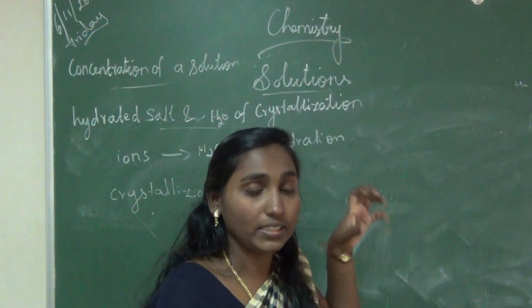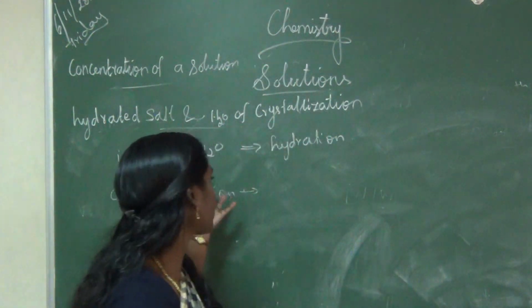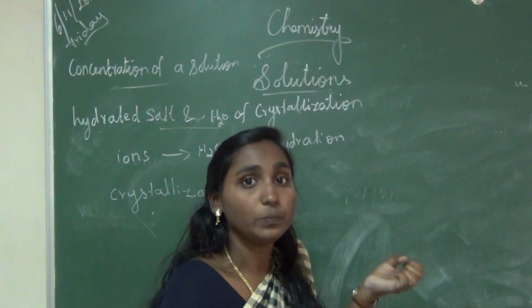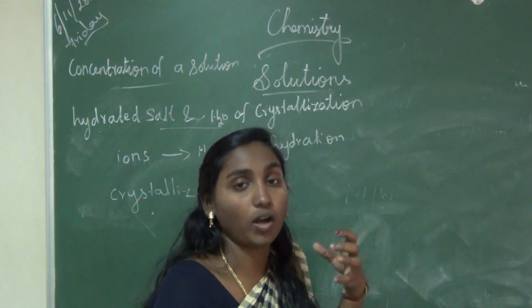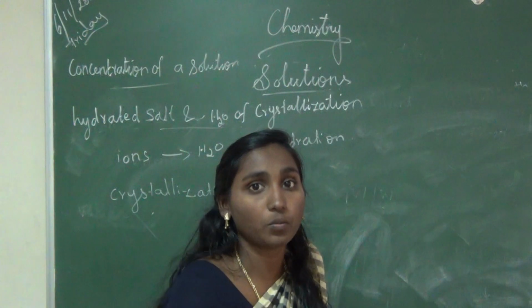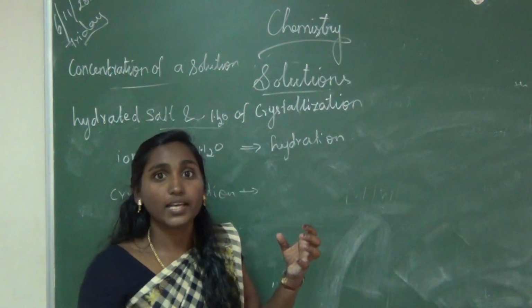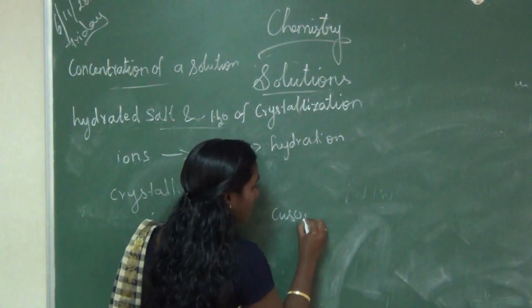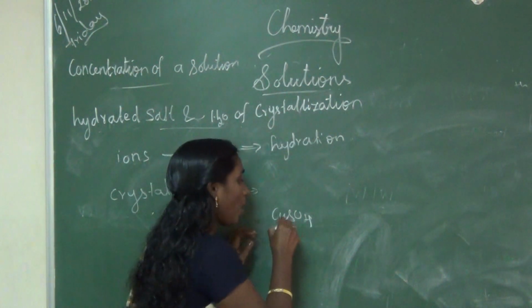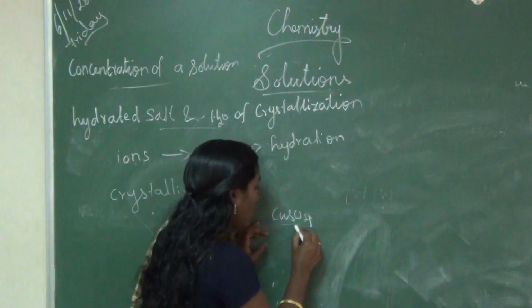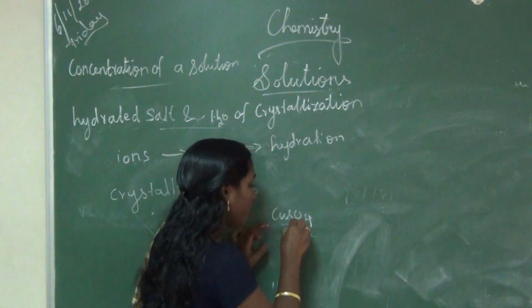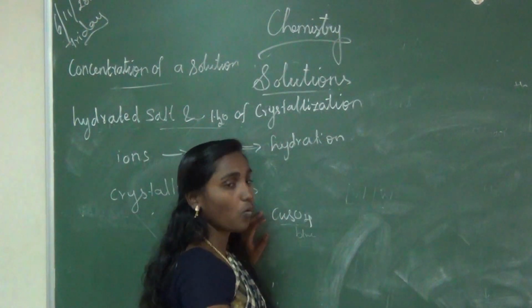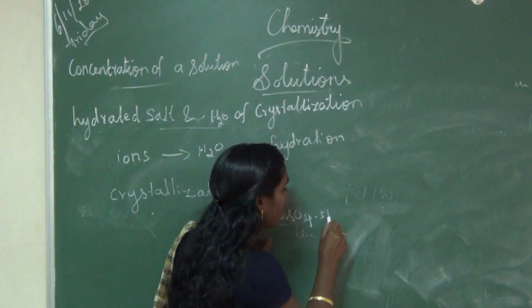When heating this crystalline substance, it will lose its water molecules, and it will lose its color also. For example, copper sulfate pentahydrate is blue in color.